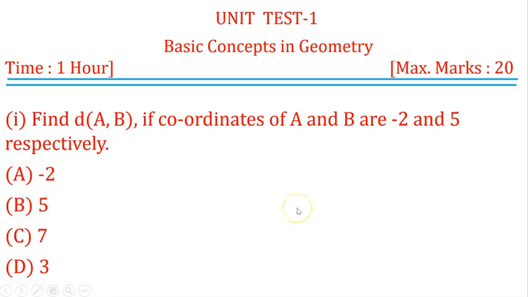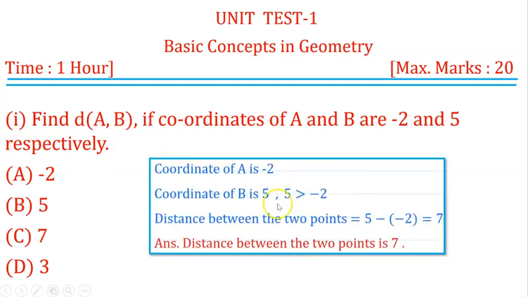Now we'll find out the distance between the coordinate of the point A and B. Here the coordinate of A is -2, B is 5, 5 is greater than -2. Therefore the distance between the point A and B is 5 minus in bracket -2, minus that will become plus, that is 5 plus 2 is 7, and hence distance between the points is 7, and hence option C is correct here.